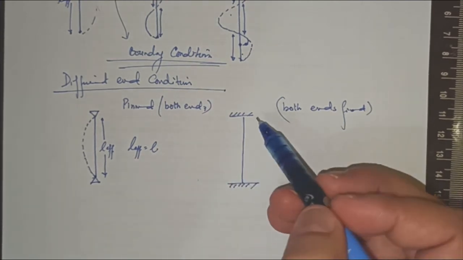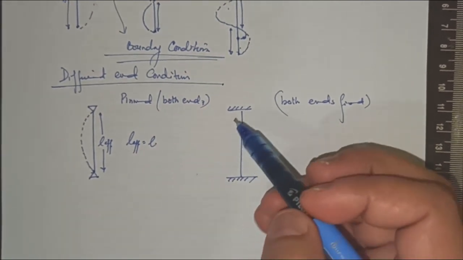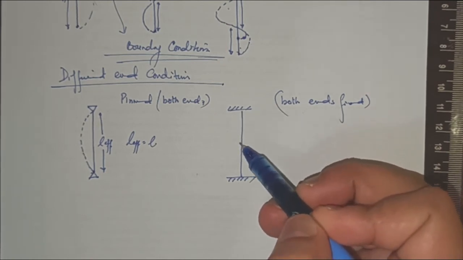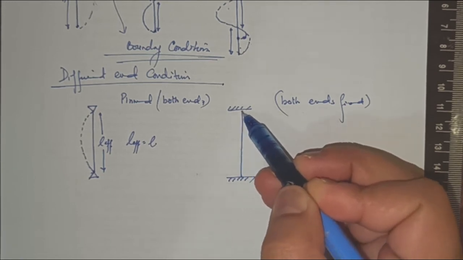In a fixed case, as you can see, the rotation here is not allowed. So the buckling will start from the middle and will take the shape of a roller coaster form.